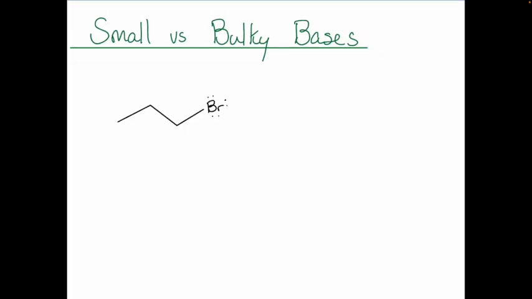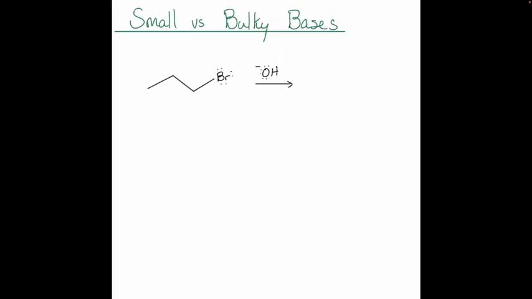What we're going to do is take the same alkyl halide here. First, we're going to treat it with sodium hydroxide. Then I'm going to take that exact same alkyl halide and instead treat it with the tert-butoxide.